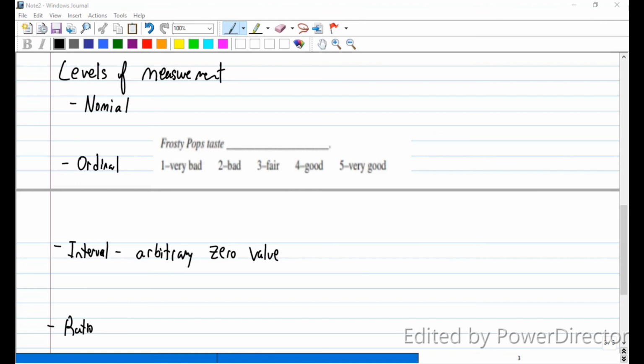Arbitrary zero value. What do you think that means? In other words, a zero value that was defined as such for no particular reason.